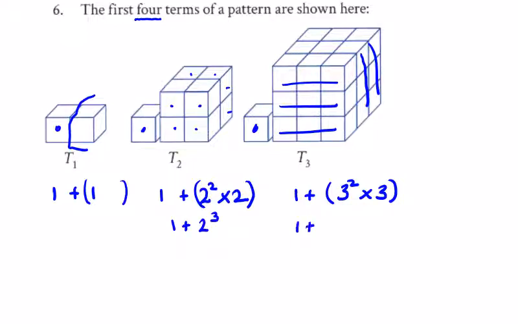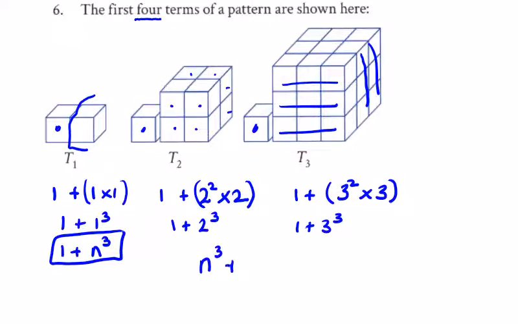This is 1 plus 3 cubed, and this is going to be a 1 by 1 in here. I've left it blank. 1 plus 1 cubed. So this is definitely a cubic sequence. We'll look at the questions in a minute. So it looks like 1 plus n cubed is our pattern. We normally write this as n cubed plus 1. Tn is equal to n cubed plus 1.